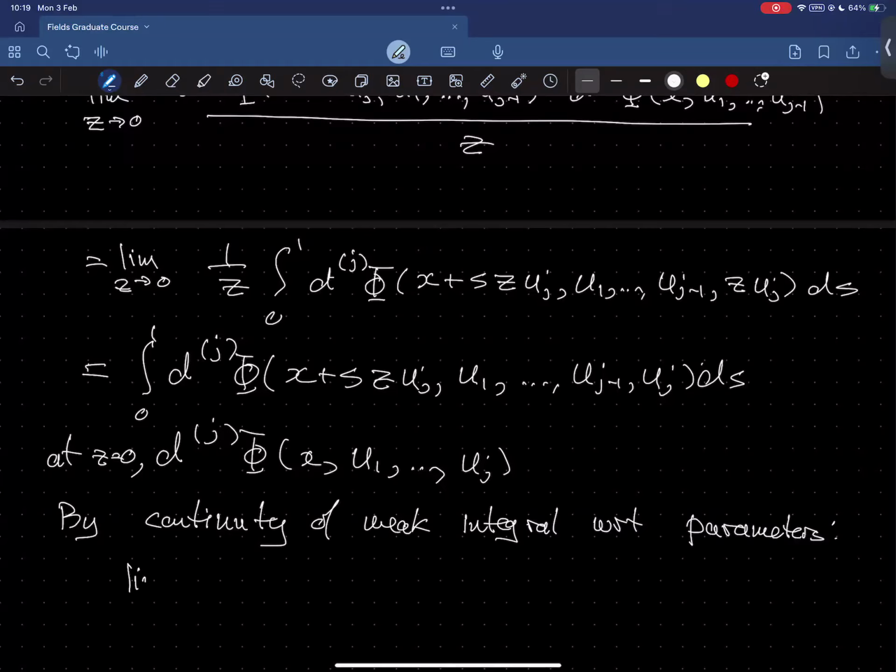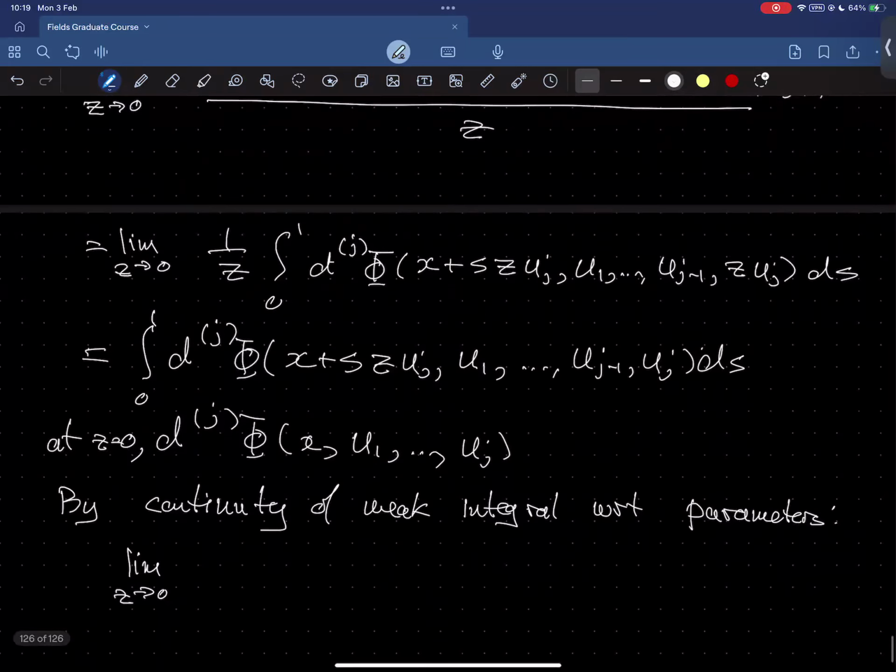So the limit, I'll write it all out, because it's not necessarily clear what we've proved here. If you write it out, it makes it clearer.